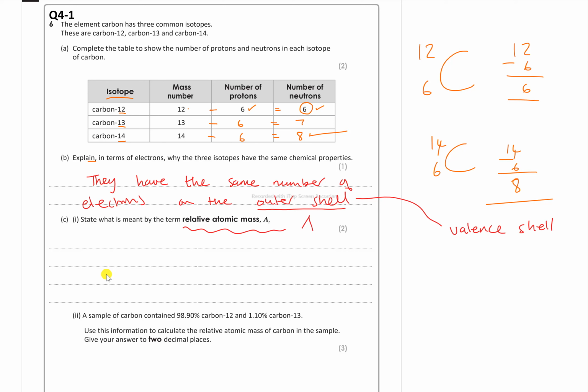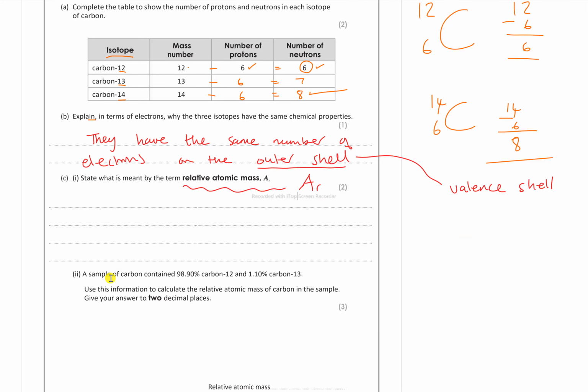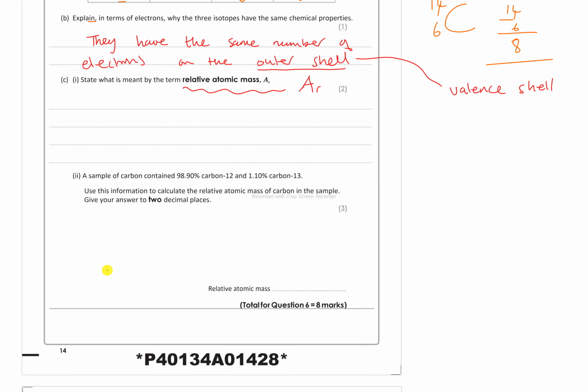Right, what is meant by relative atomic mass? It's given the symbol Ar, relative atomic mass. So this is the average, because remember when they use the word relative, it's relative to carbon 12.